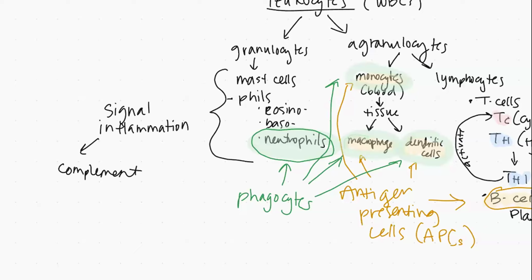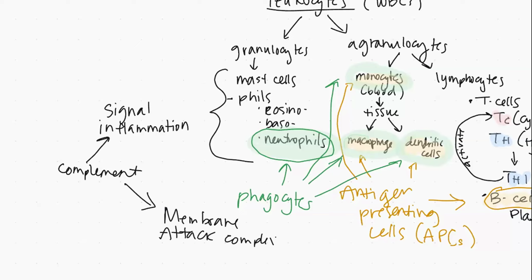Actually, let me draw the arrow a different way. Let's do it like this. Complement could signal inflammation, but complement can also lead to the membrane attack complex. Let's go ahead and do that. The membrane attack complex, also known as the MAC, is where complement proteins all come together and polymerize.